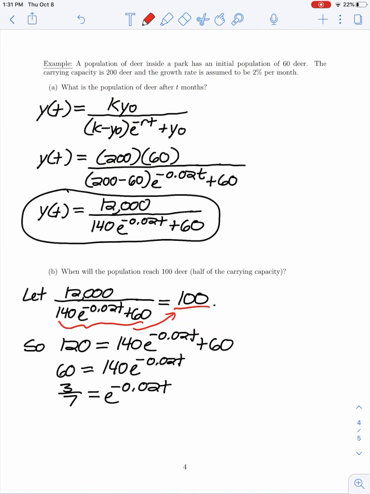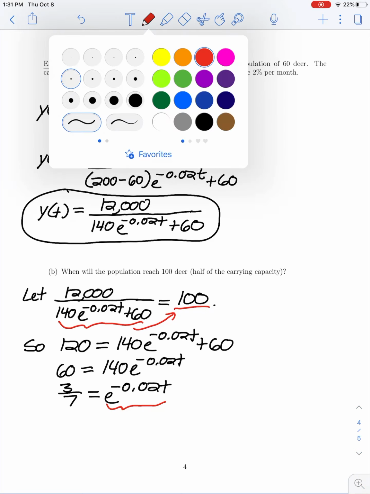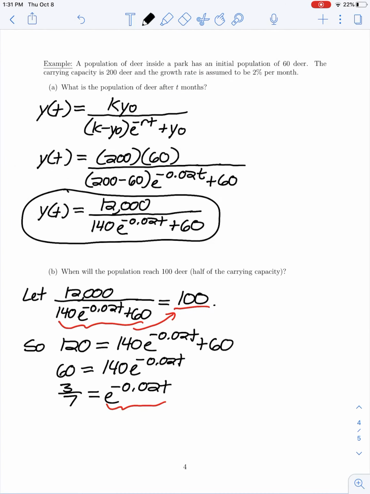And again, I'm going to make use of the fact that e raised to a negative number is the same as 1 over e to that positive power. So I would take the reciprocal of both sides of this equation to get 7/3 is equal to e to the positive 0.02t.